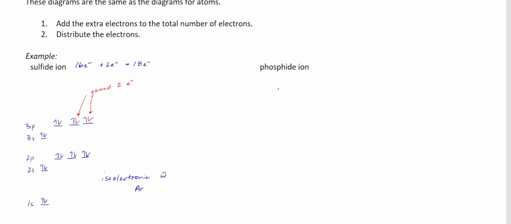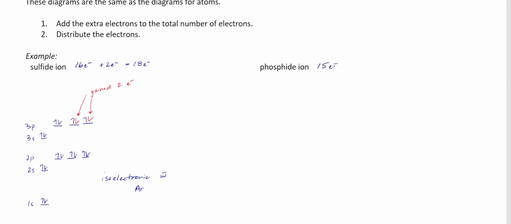Try now doing this with the phosphide ion. So if you look at phosphorus, phosphorus has an atomic number of 15, so therefore 15 electrons. And then if we look at phosphorus's position on the periodic table, you can see how many electrons it's going to gain to obtain a noble gas electron configuration.